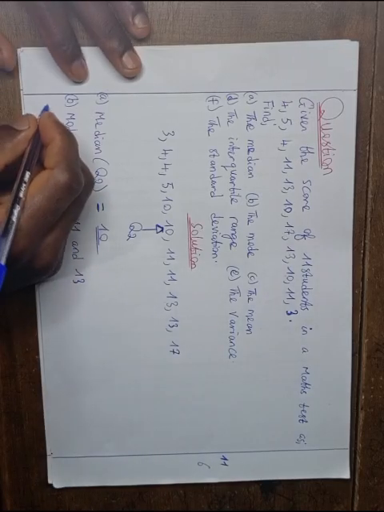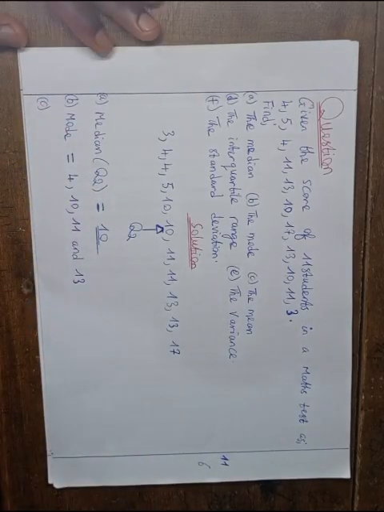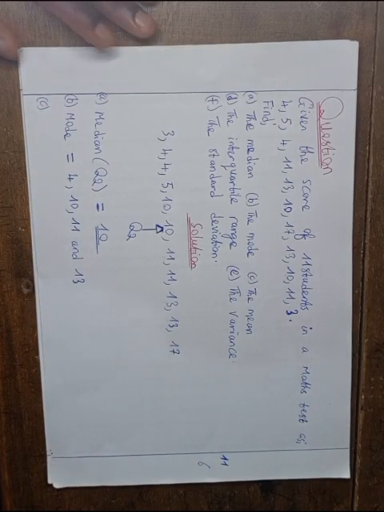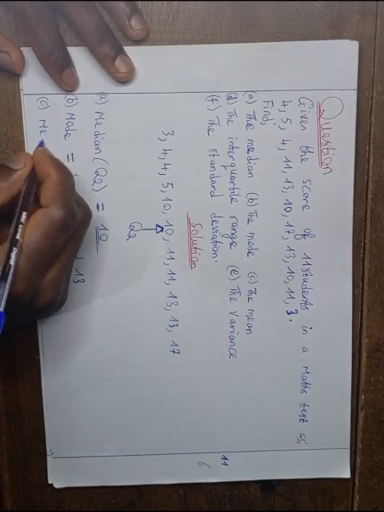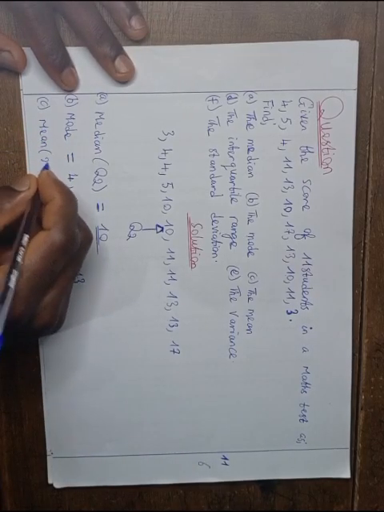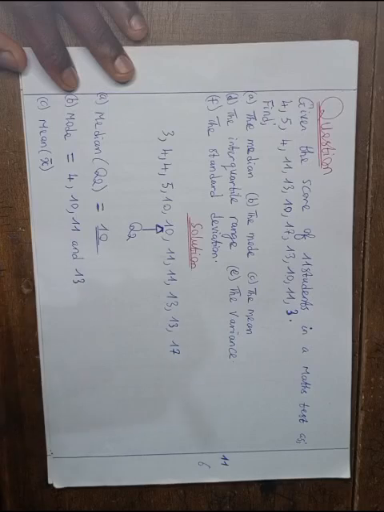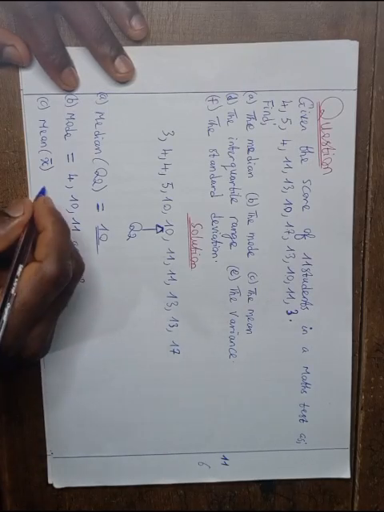Next, for C, it says we should find the mean. The mean is denoted as x bar, and for us to get the mean, you simply make use of the formula.